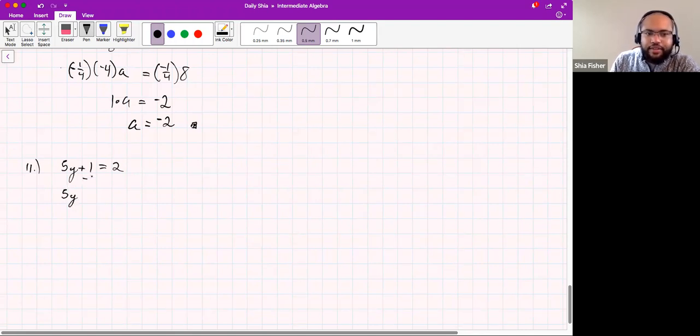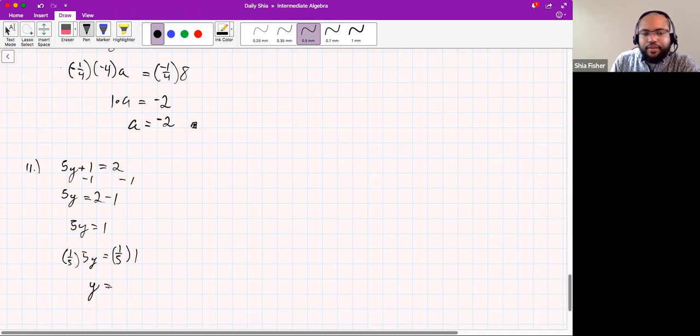5y, subtract 1 from both sides. Minus 1. 5y equals 1. 1 over 5. 5y equals 1 over 5 times 1.